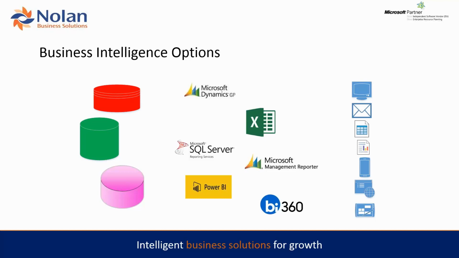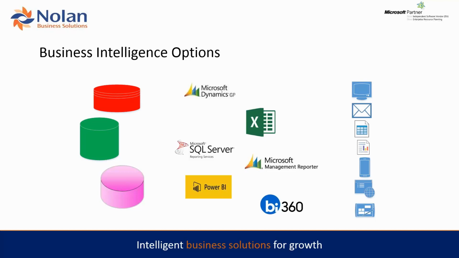Microsoft have built in Power BI, where you're able to link your Dynamics GP data or subsets of it up to the cloud and provide Power BI type views of your data from within Office 365 using Power BI. And finally, there's the BI 360 product, which is a third-party product but gives you full budgeting, forecasting, what-if type analysis of your data.